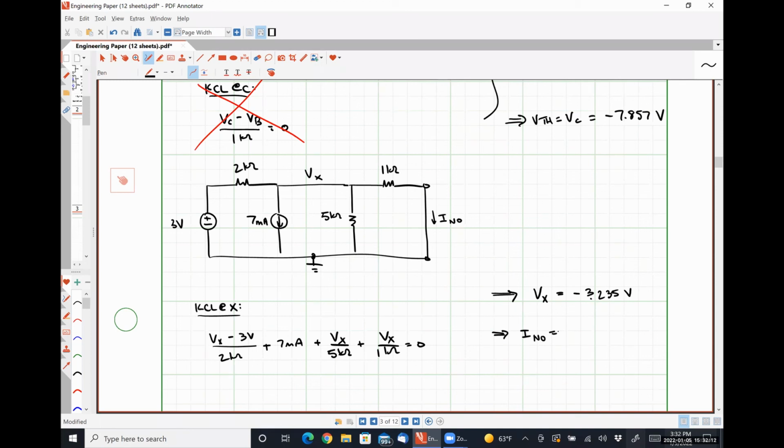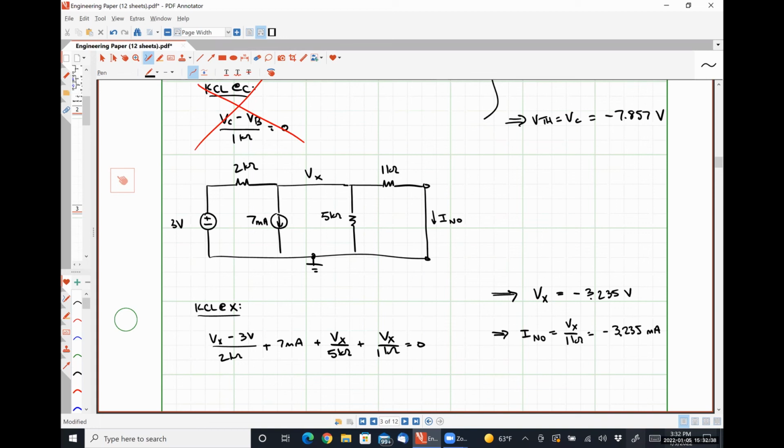So how does I Norton relate to that voltage Vx? Vx divided by 1 kilo ohm. Absolutely correct. So that's just going to be negative 3.235 milliamps.